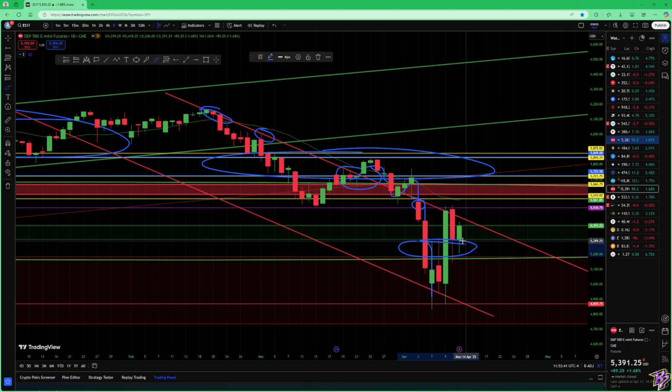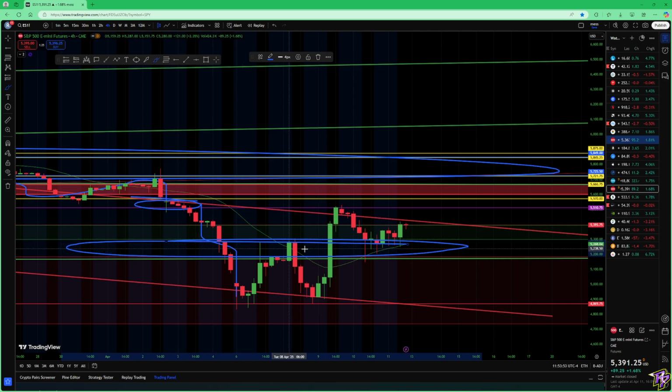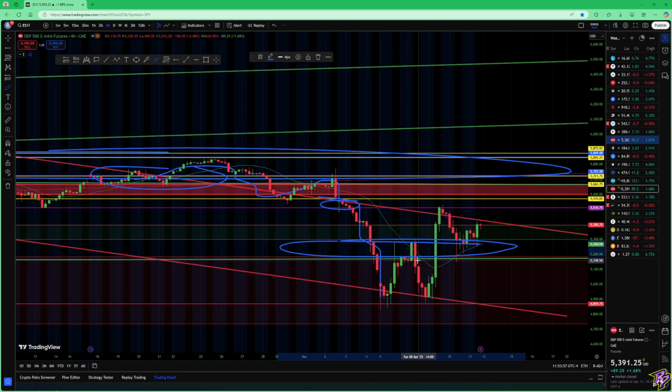Maybe if you're a new trader, you won't be able to spot these key levels, but as an experienced trader, when I see this indecision on price action, and we can see that it's very down up, you don't really know why your bias isn't working and why it's not going in your direction.